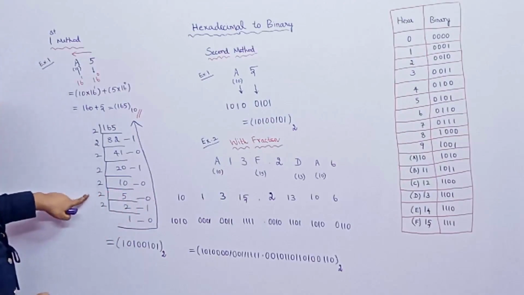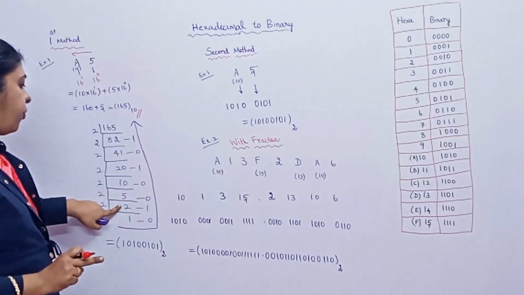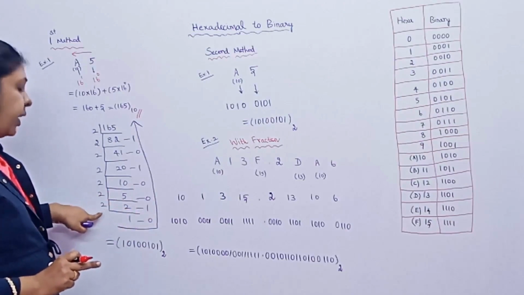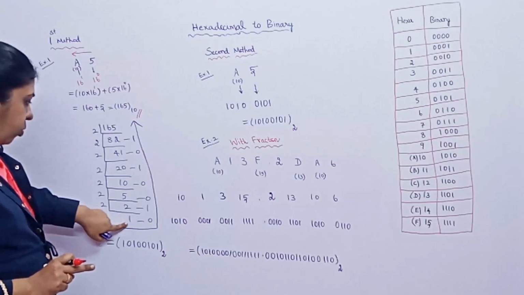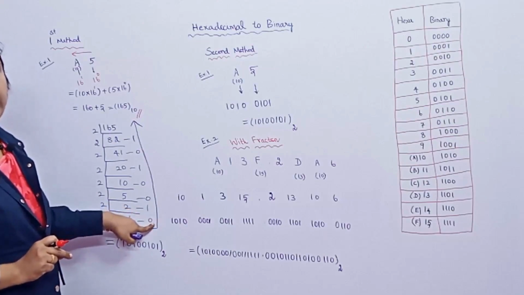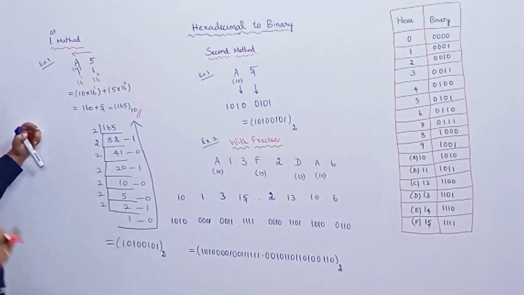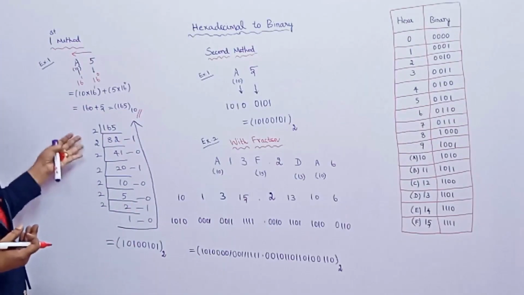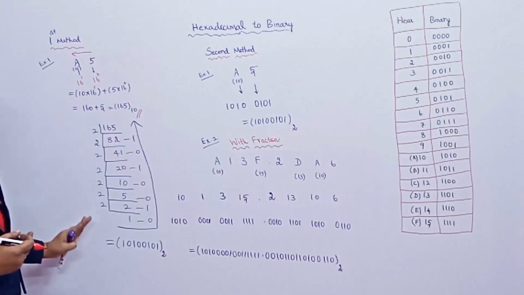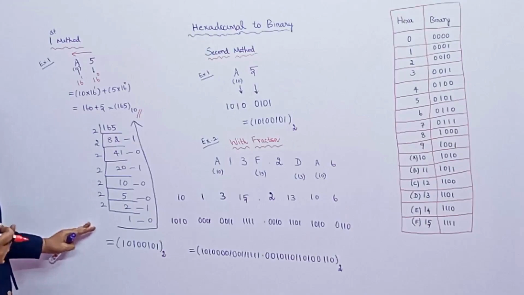Again 5 when divided by 2, 2 2s are 4, remainder 1. Again 2 when divided by 2, 1 2s are 2, so 1 is represented here and the remainder 0 is represented here. Since we have already discussed these types of conversions many times in the previous videos, I am directly representing the answers.